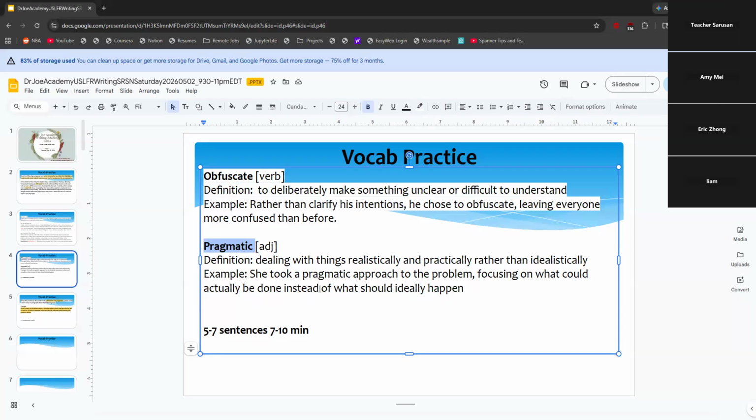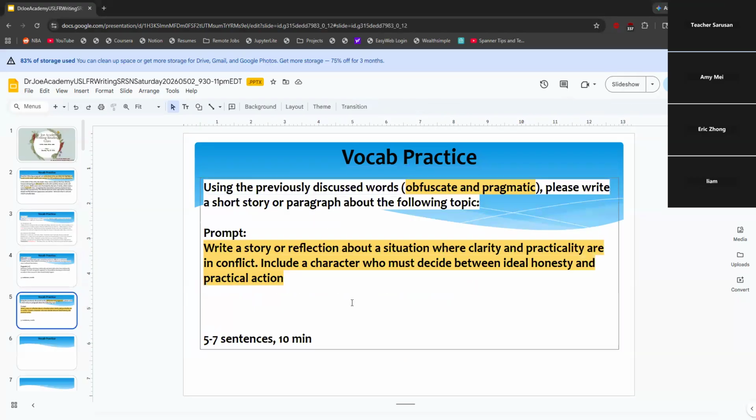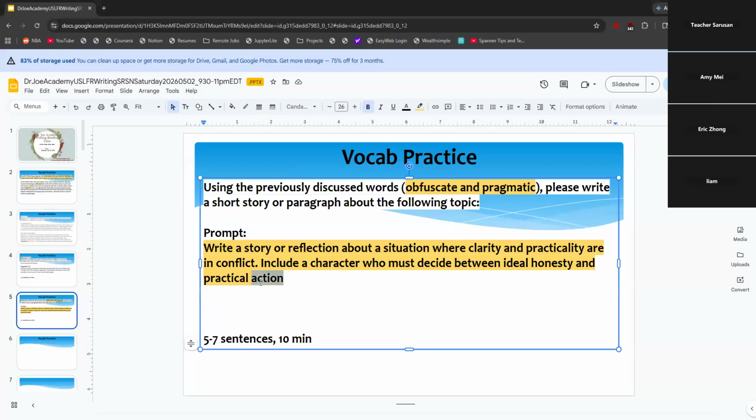So, using these two words now, I want you guys to write your own paragraph about the following topic. Write a story or a reflection about a situation where clarity and practicality are in conflict. Include a character who must decide between ideal honesty and practical action.